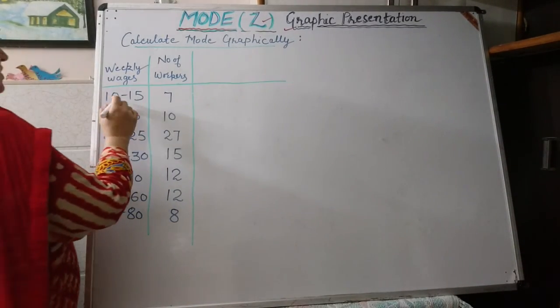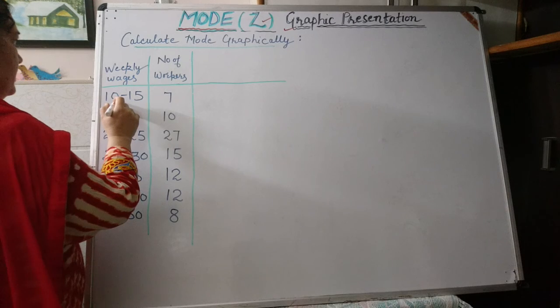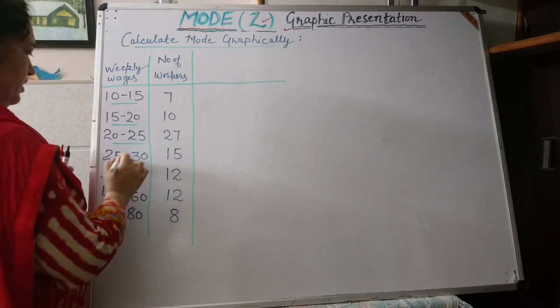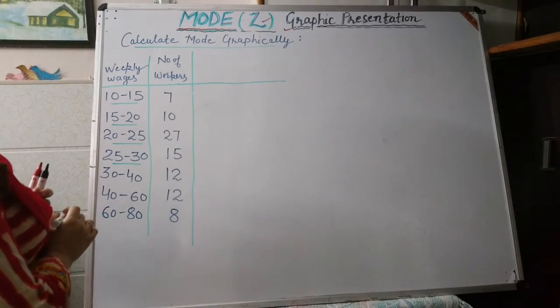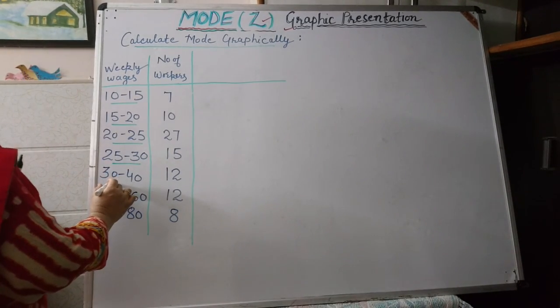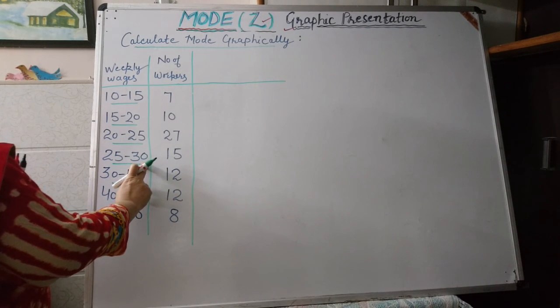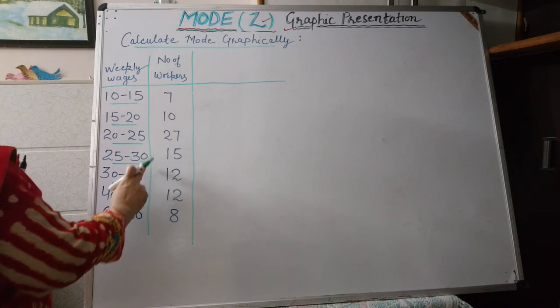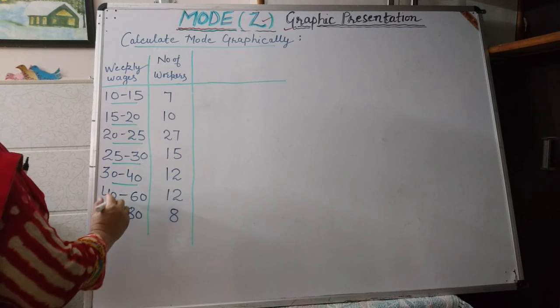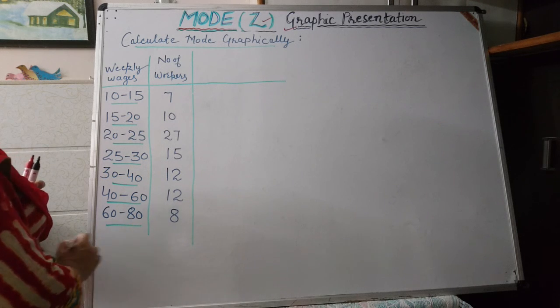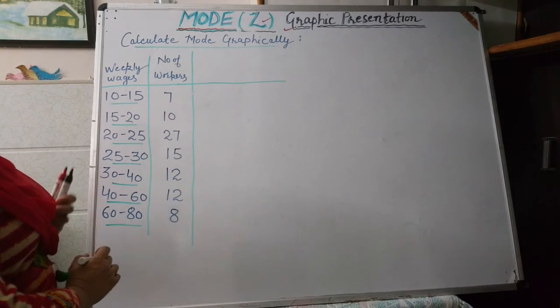Let us see whatever class intervals are given: 10 to 15, 15 to 20, 20 to 25, 25 to 30. Next class interval 30 to 40. It means the first four class intervals have an equal class interval of 5, then a class interval of 10, next 40 to 60 having a class interval of 20, and last 60 to 80 also having a class interval of 20.